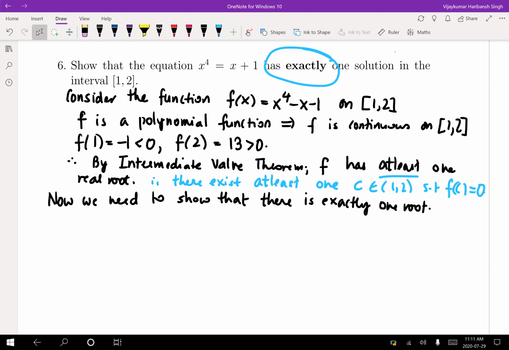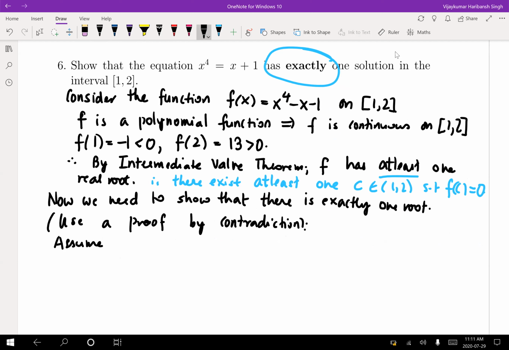Okay, so we will use a proof by contradiction. So what we'll say is, assume there's more than one root, and then we'll try to come to a contradiction, which will contradict the hypothesis in some sense. Okay, so assume there is more than one solution.